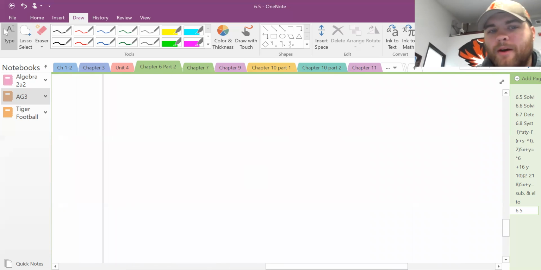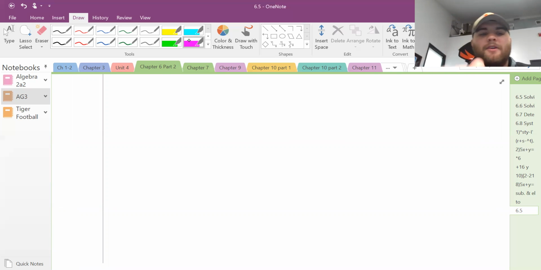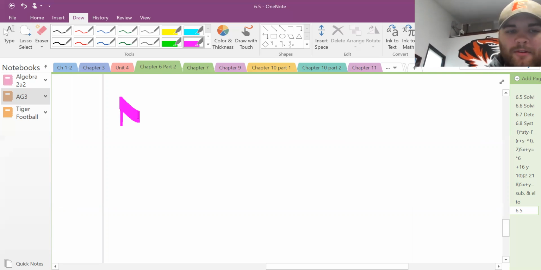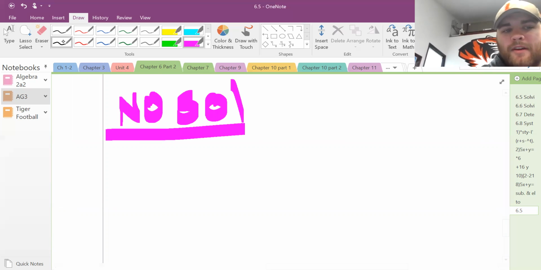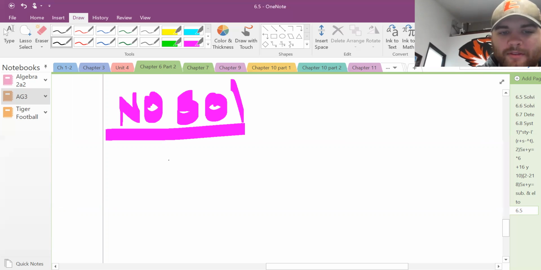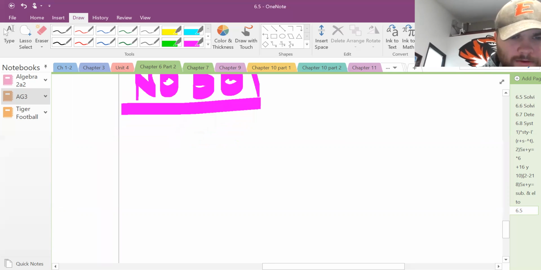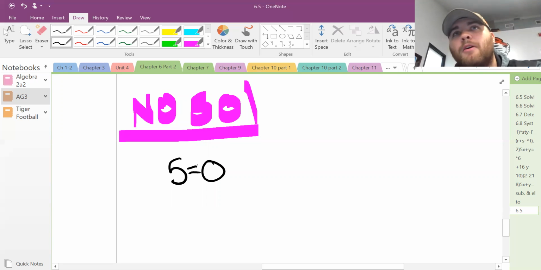One last thing we need to talk about. We only covered one type of solution, the one single point where they cross. Now here's what it looks like if you get no solution. At some point in your process, you're going to get a number equals 0, or a number equals another number that's different.